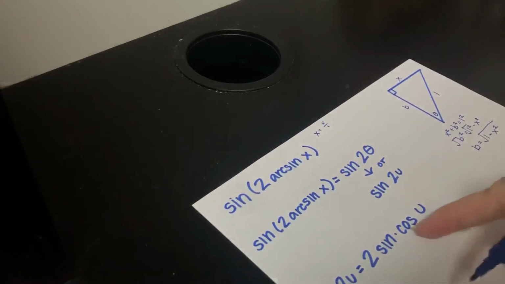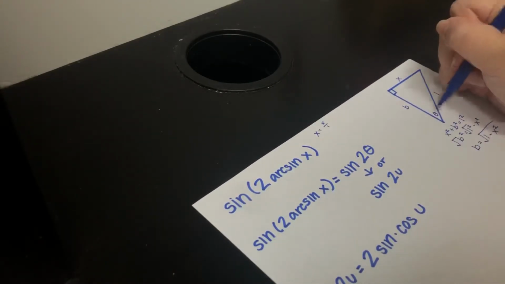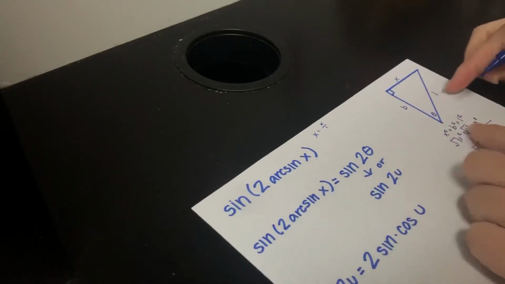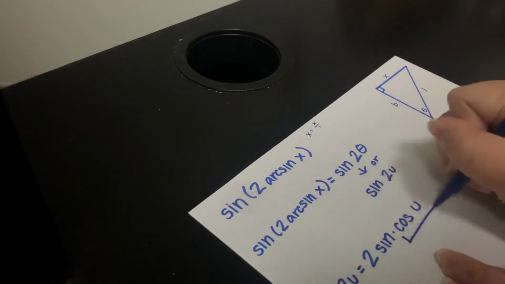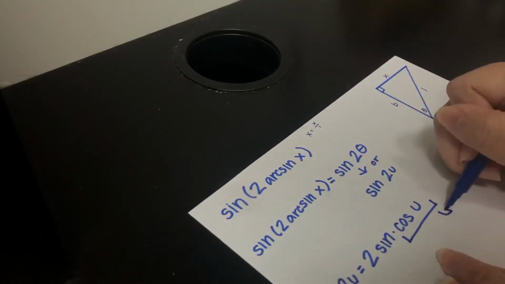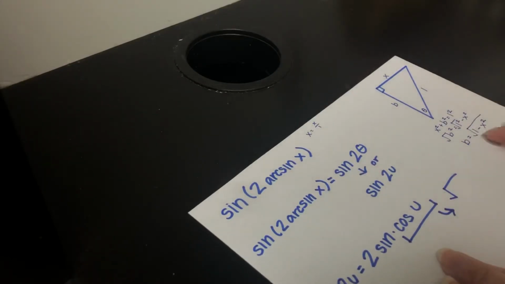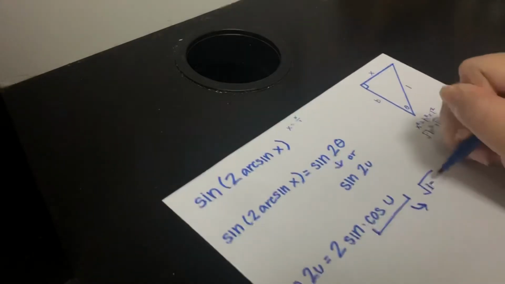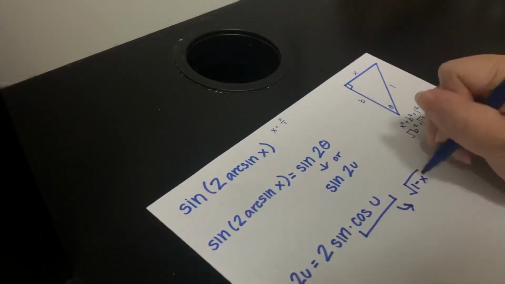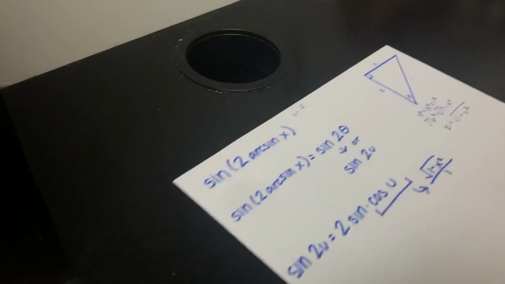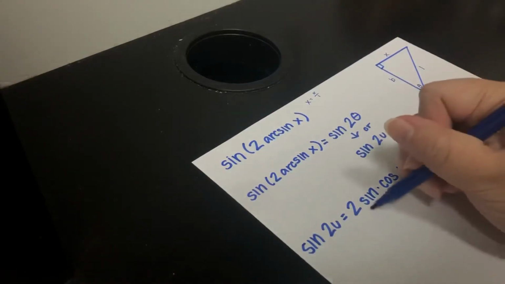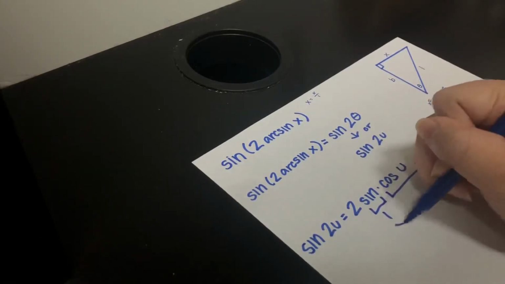The cosine of u, or cosine of theta, is adjacent over hypotenuse, so the cosine of u is equal to the square root of 1 minus x squared over 1.